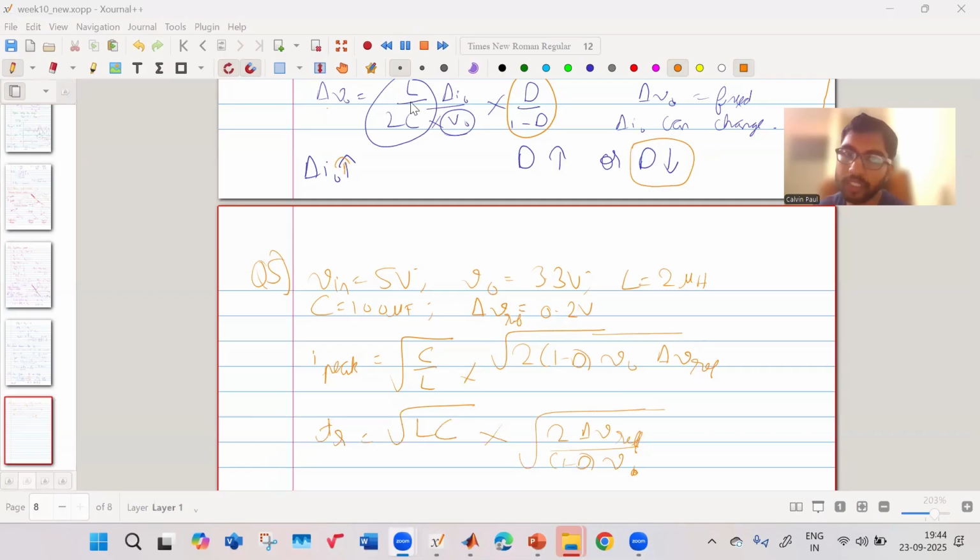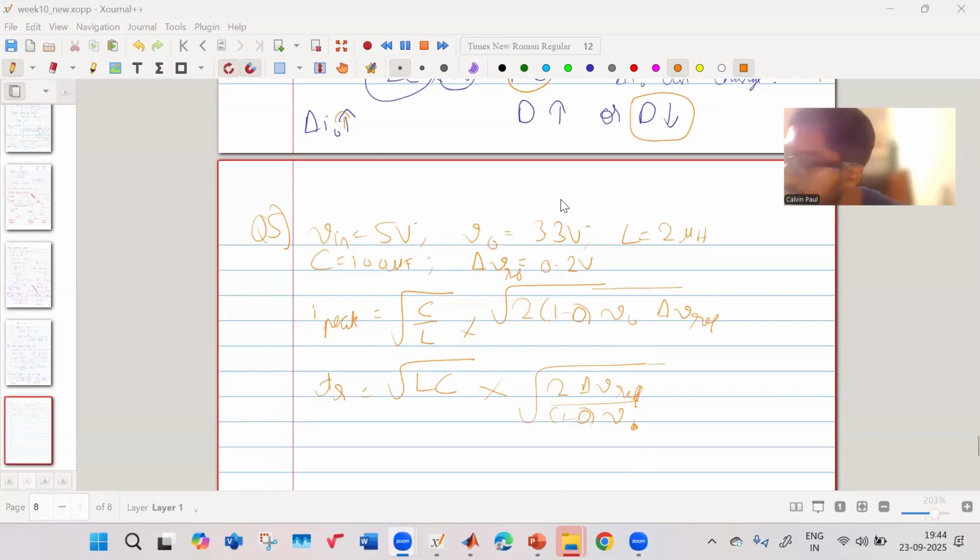Okay, Joshi, I peak is 4.73 ampere. Okay. And recovery time? Uh, 5.97 microsecond.